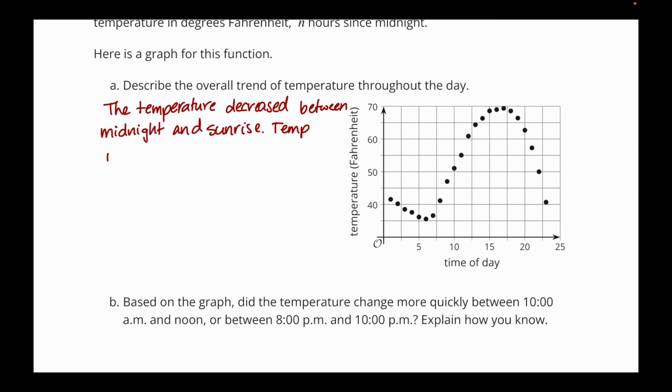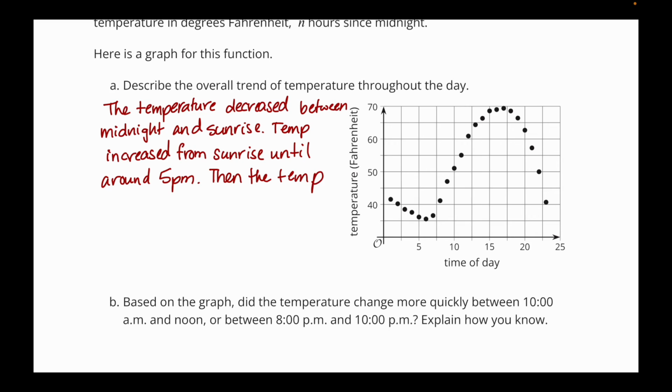Temp increased from sunrise until around, do we say that was 5 p.m.? Yeah, like it levels off a little bit there, but until around 5 p.m. Then the temp dropped.